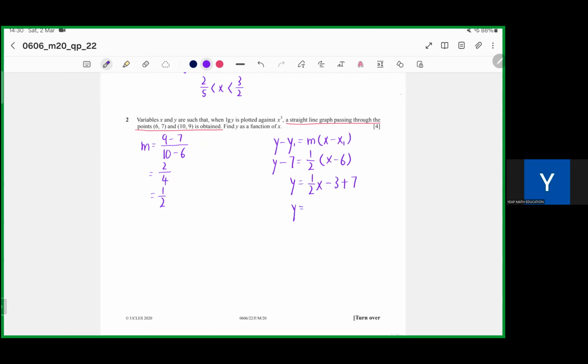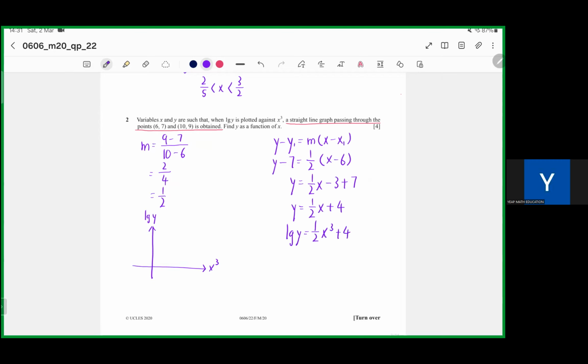This is the linear equation, but because the axes are different, we need to put log y equals 1 over 2 x cubed plus 4.